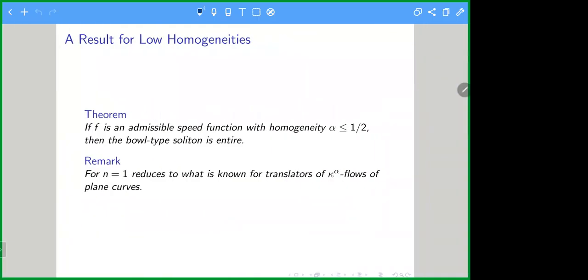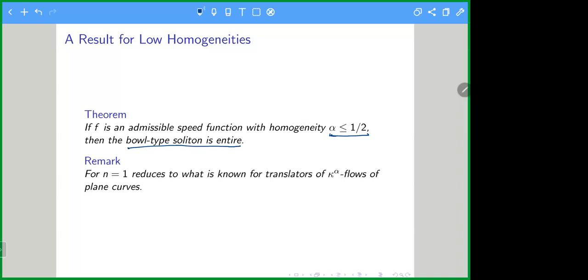So here's the kind of bifurcation that Daskalopoulos found for Gauss curvature flow. What I found is that regardless of what your speed is, if the homogeneity is small, less than 1/2 to be precise, then this bowl type soliton is always an entire graph.